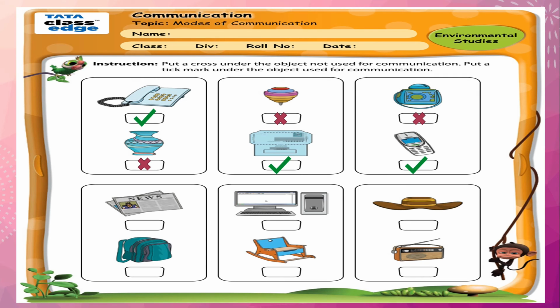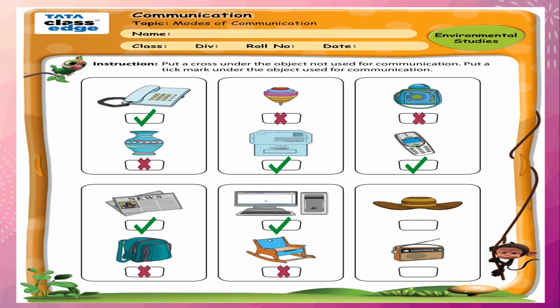In the next set you can see newspaper and bag. So newspaper is used for communication, so we will put a tick, and bag is not used for communication, so we will put a cross. In the next set we can see computer and chair. Computer is a means of communication, so we will put a tick, and chair is not used as means of communication, so we will put a cross.